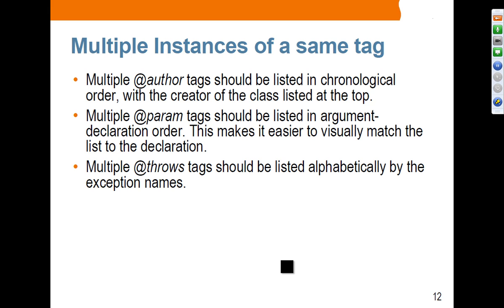If there are multiple authors, then you could have multiple author tags with different names. And the param, of course, if you have multiple arguments, then you should have multiple param tags. And also throws: if there are multiple exceptions being thrown, then you should use multiple throws tags.